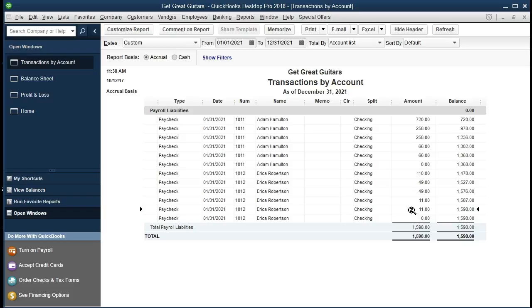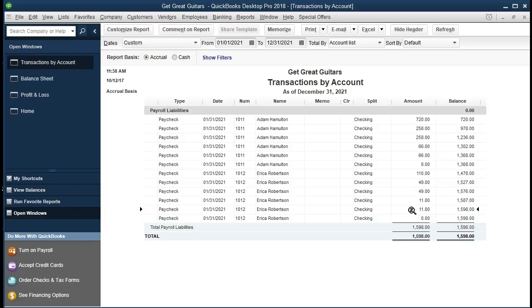We could set this all up, if it was done basically externally, with one journal entry showing this transaction, debiting the expense or increasing the expense, increasing the liability, and decreasing the cash. But if we want to show the detail per employee, then of course it's going to get a bit more complex to show that detail.